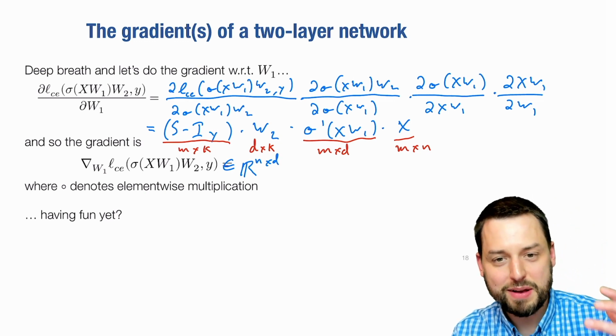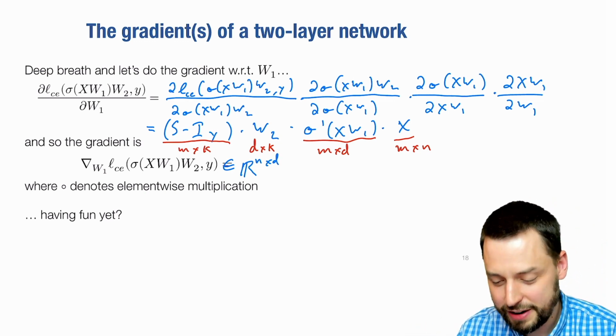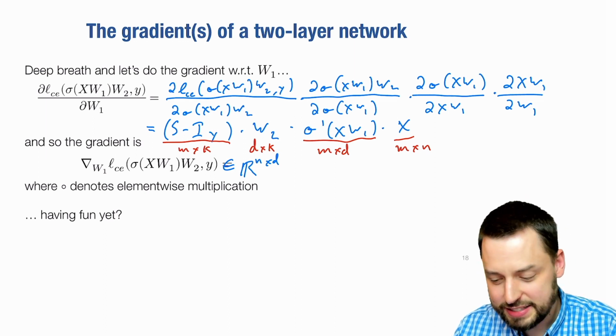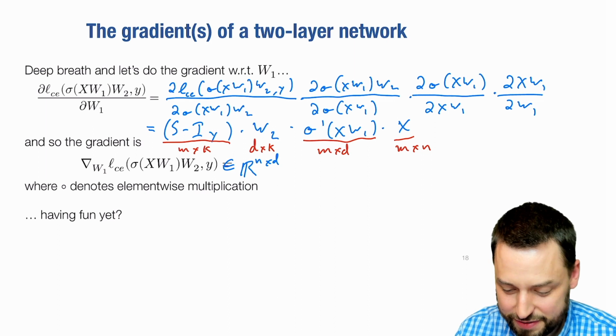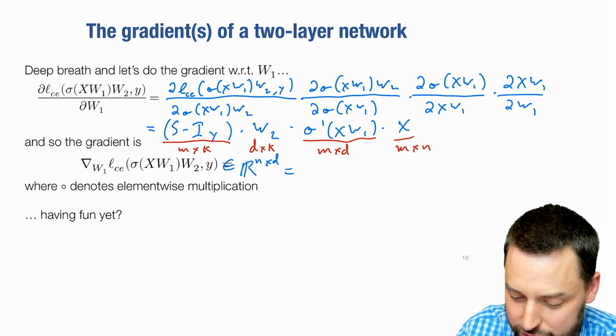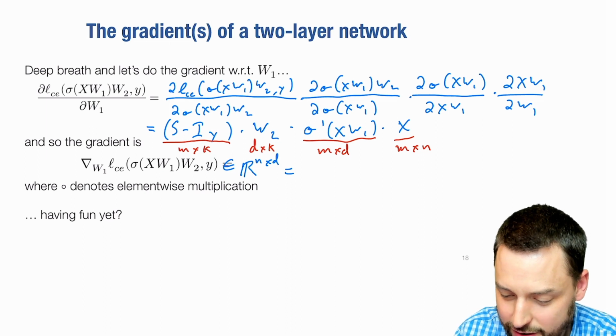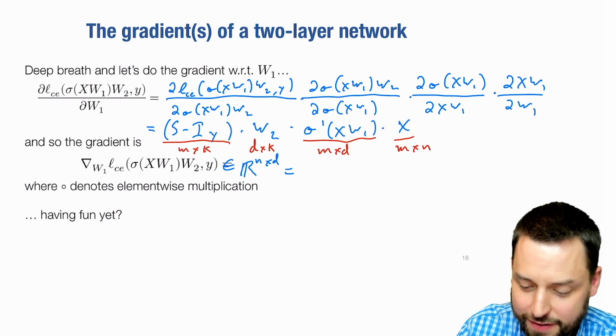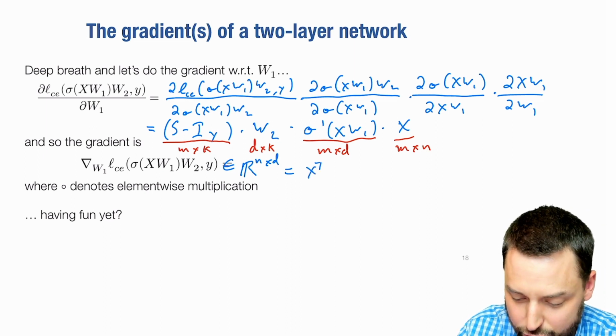It transforms n-dimensional space to d-dimensional space as part of the first layer. So how do we get an n by d matrix from all of this? Well, the only term that involves n in all of this is x, so we're definitely going to have to take x and transpose it first.